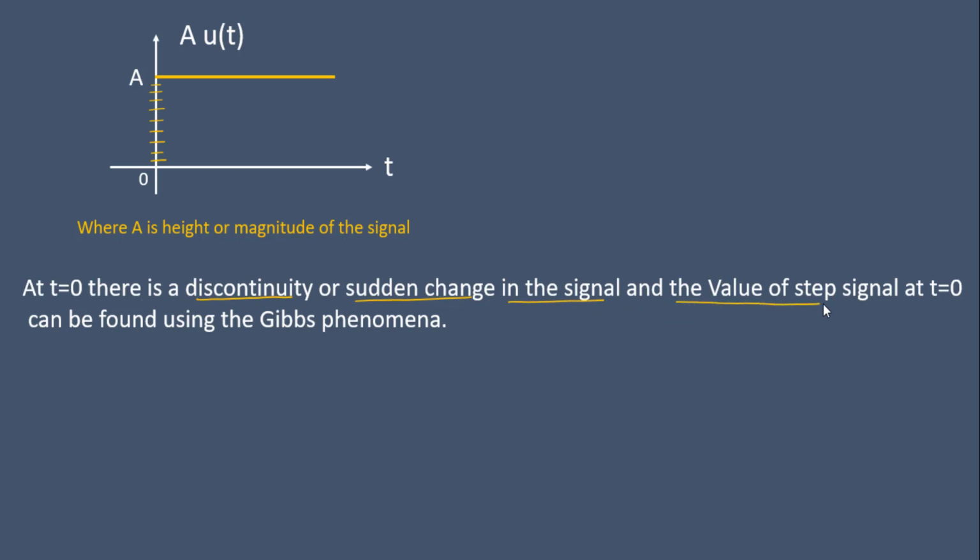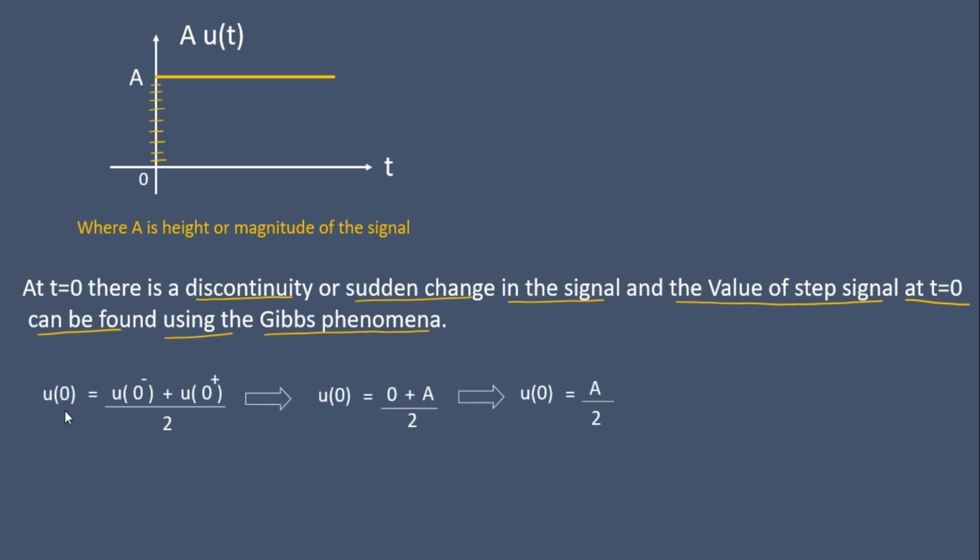The value of step signal at t equals 0 can be found using the Gibbs phenomenon. Now let us see how to find the value of the signal u of t at t equals 0 by the Gibbs phenomenon. For u of 0, the formula is u of 0 minus plus u of 0 plus, upon 2.